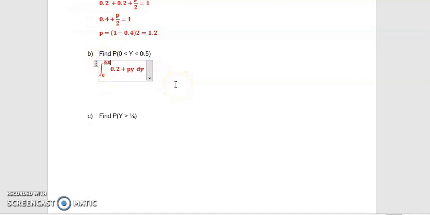So the upper limit here is 0.5. So integrate 0.2 plus py dy.